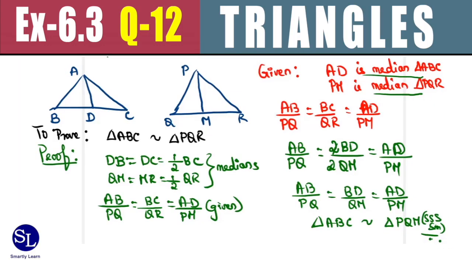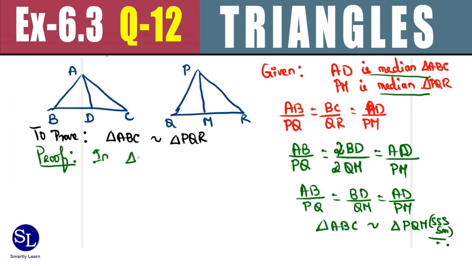Now let's take the actual triangles in which we need to do it. In triangle ABC and triangle PQR, what do we now know? Angle B will be equal to angle Q. Why? I'm marking this statement. Triangle ABC is similar to triangle PQM. So from there, I can say the angles are equal.